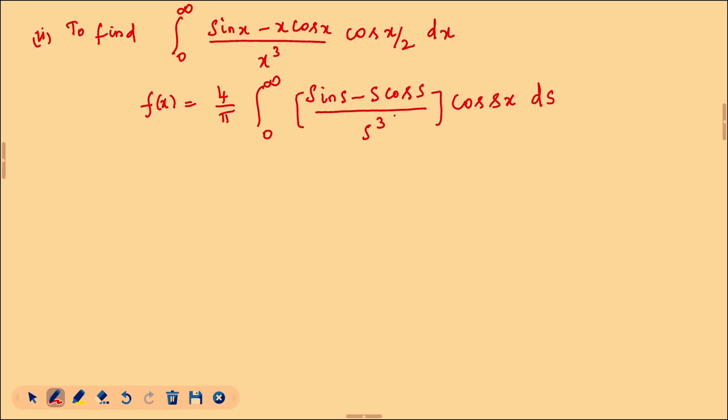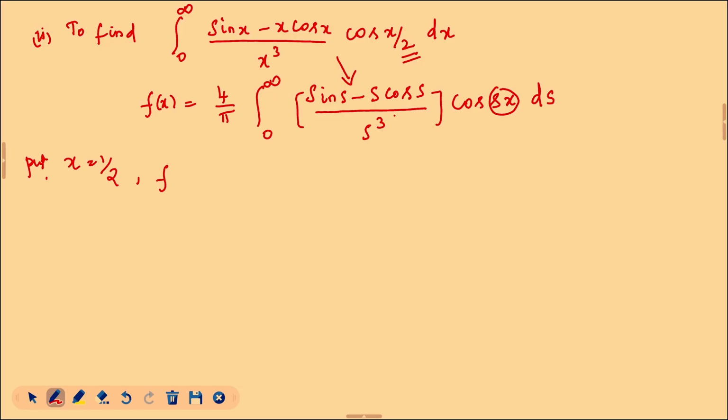So consider this result from the previous subdivision. Now compare both the results. Here in the place of sx it is x by 2, so we are going to replace x by 1 by 2. So substitute x by 1 by 2.